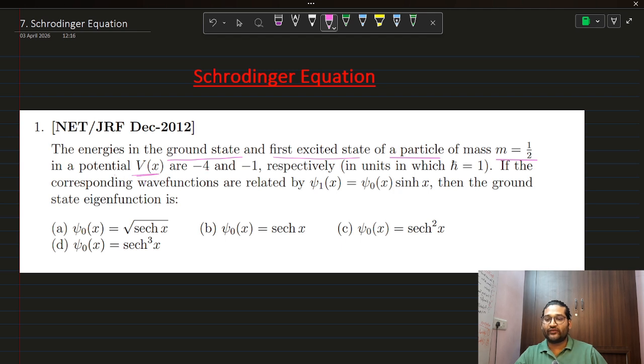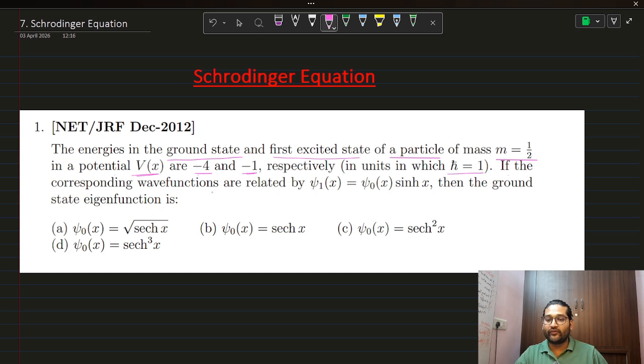The ground state energy is -4 and the first excited state energy is -1, where h cut is written in units, h cut equal to 1.